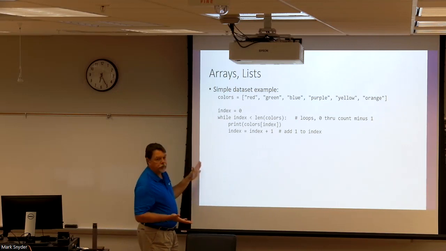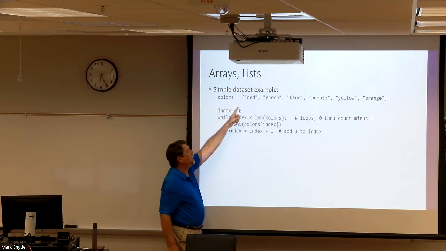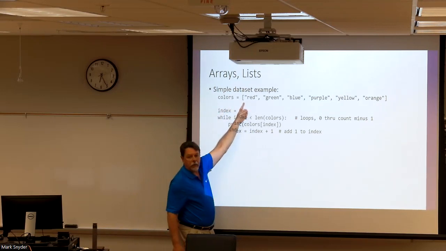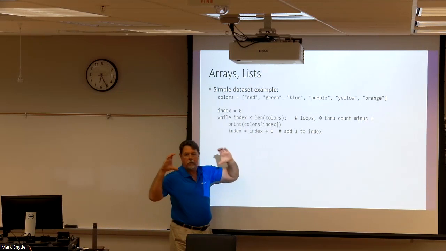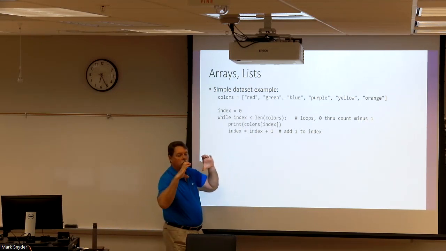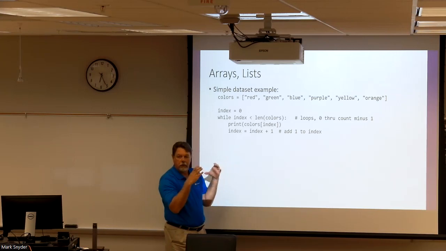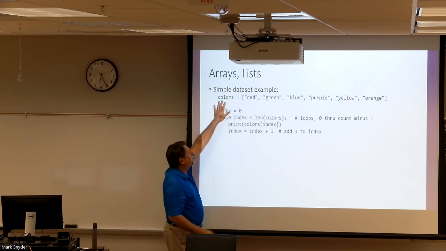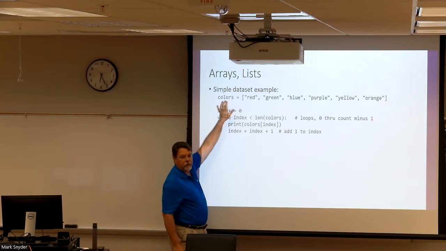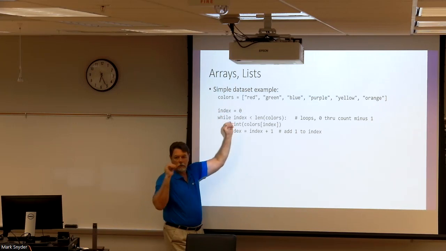Well, what we've introduced is that colors is a list. I know it's a list because I'm initializing it with something inside square brackets. So anytime you see something inside square brackets, you know you're dealing with an object of type list. If right after this line of code I asked for the type of colors, it would output that it's a list.